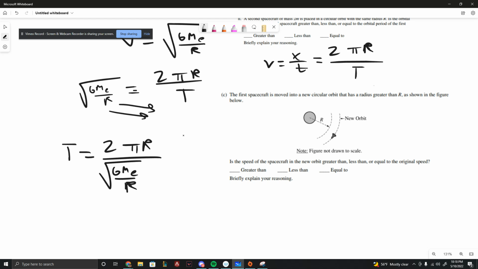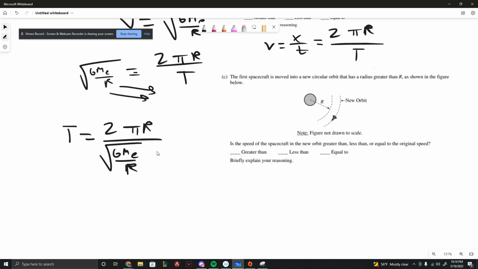From here, this may not look like Kepler's law, but once we do a little work to it, you'll see. I don't know if you can leave it in this format on the answer key. They don't leave it in this format, but they simplify it a bit more. Basically, they square everything to get rid of this radical. So they do T squared is equal to 4 pi squared r squared over G M_E over r.